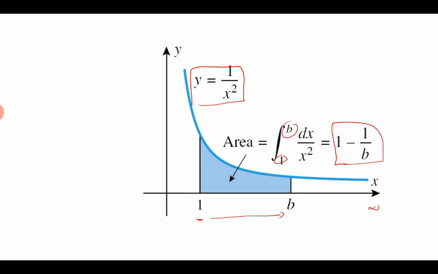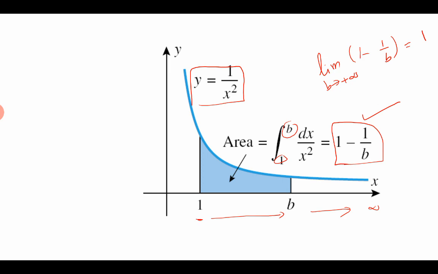Now we take the limit as b approaches positive infinity. If you get a finite answer, the integral converges; otherwise it diverges. When b is infinity, this will be 1, obviously. So this is what we are going to do here.